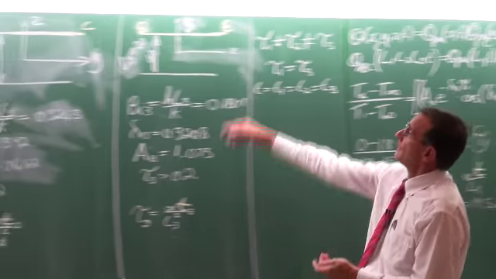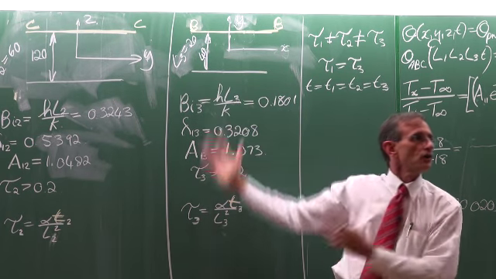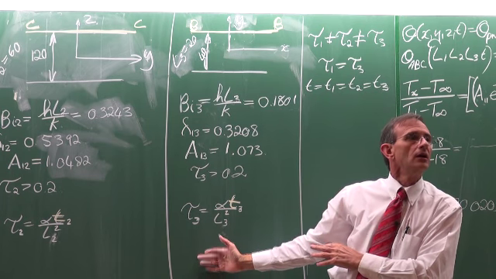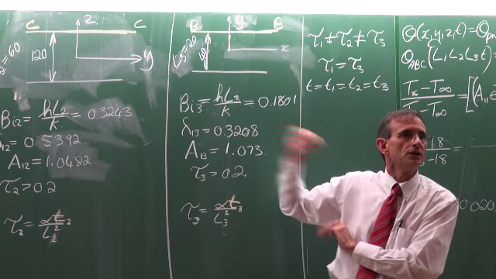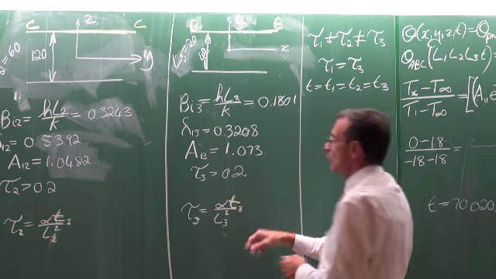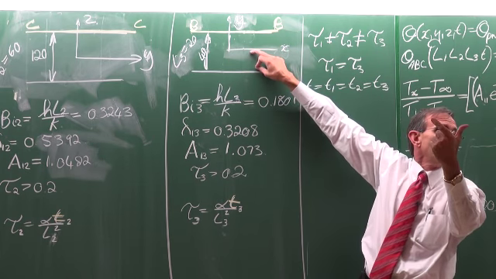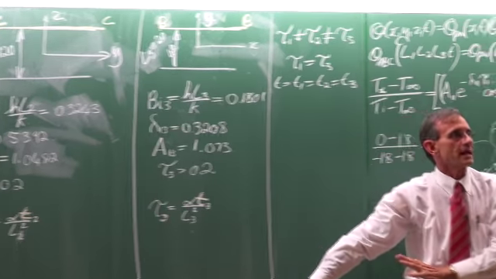Okay, he wants the B line at the bottom. Put it at the bottom. It's going to change nothing in terms of the calculations. Do you see? Again, remember, if you put it at the bottom, the L is still going to be 20 millimeters. So everything would still be the same.